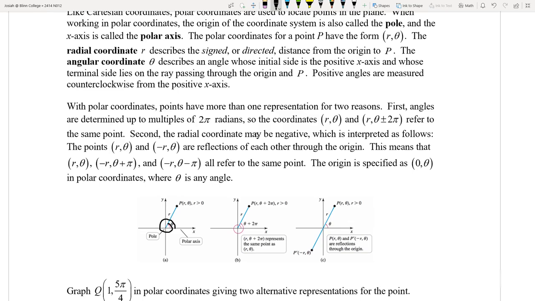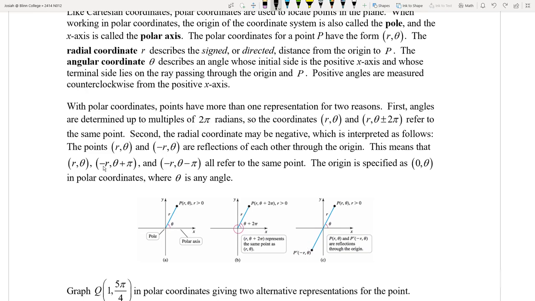Second, as we see here, the radial coordinate may be negative. So what that means is the points r, theta and negative r, theta are reflections of each other through the origin. As we see here in this last picture, if we take r comma theta and we take the same theta and then instead go backwards through the pole, that same r direction, that gives us our negative r equivalent.